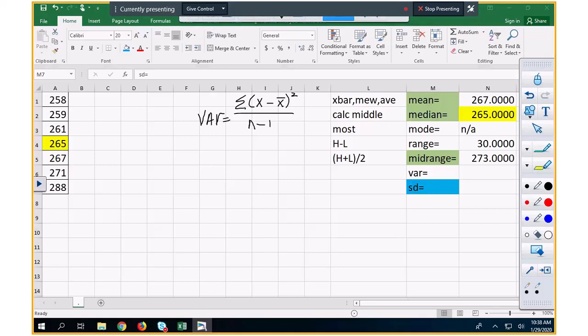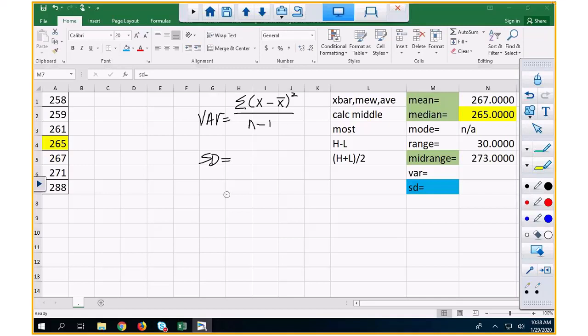The standard deviation. Anybody know the relationship between the standard deviation and the variance? Square root. The standard deviation is the square root of the variance, or the standard deviation is equal to the variance raised to the 1/2 power, or 0.5 power.